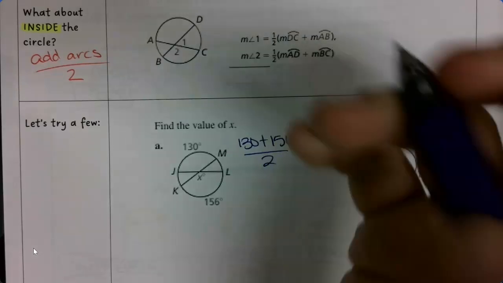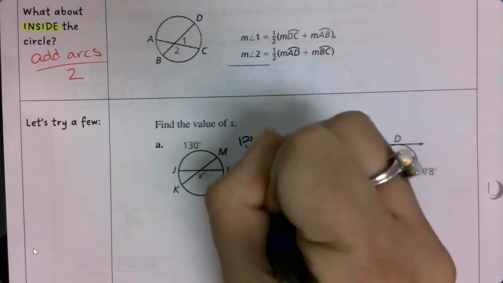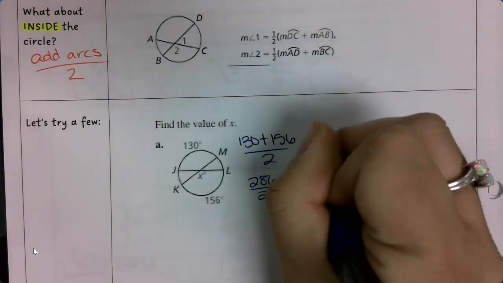Which gets us 286 on the top. And then dividing by 2 gets us 143.